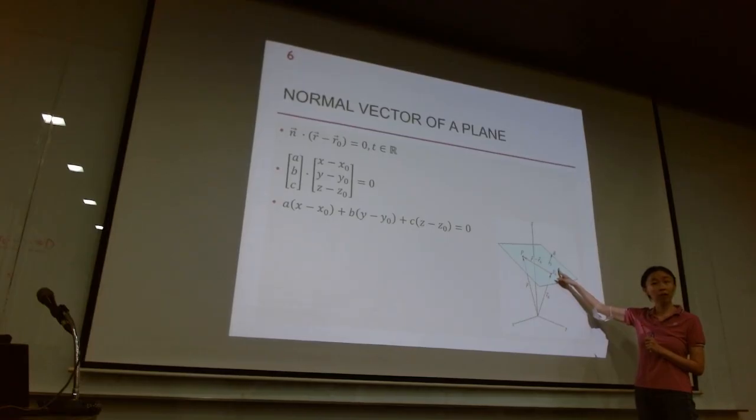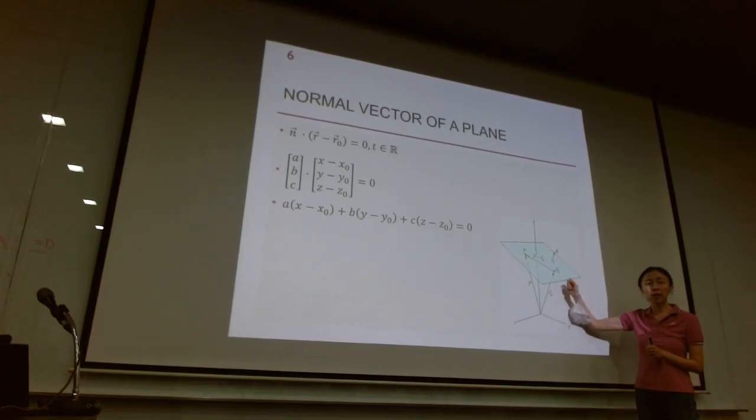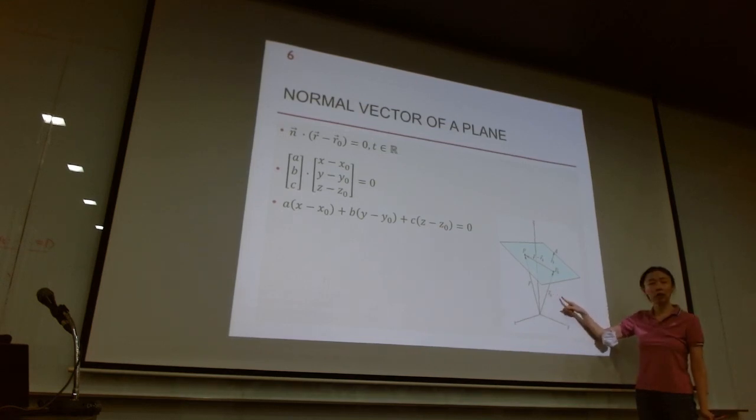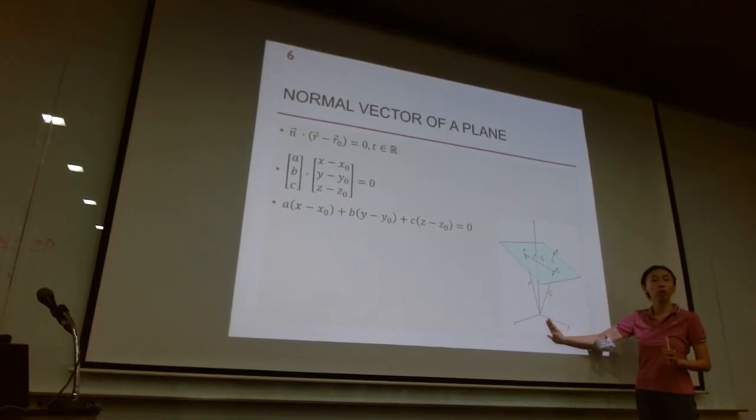When we show the location, only the end point is in the plane. But r0 and p will use the same x, y, z. So r0 is also x0, y0, z0, and p is also x0, y0, z0, because r0 shows the location of the end point, as we consider the starting point equal to 0.